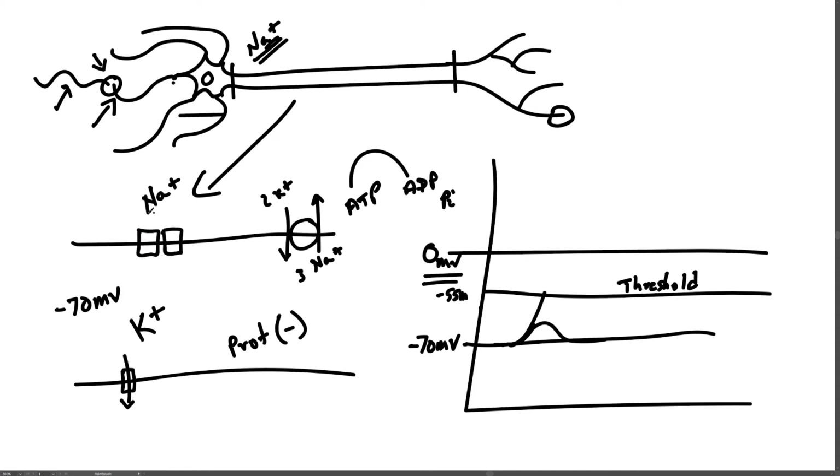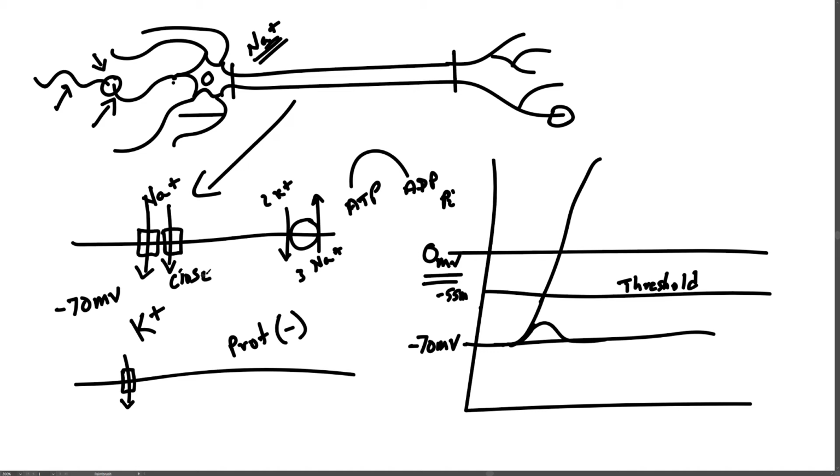And sodium now rushes down its concentration gradient from the outside of the cell to the inside of the cell, and the potential continues to increase beyond 0 and then reaches its peak.